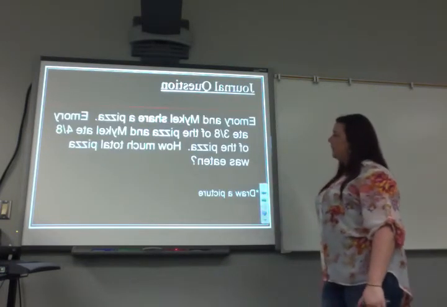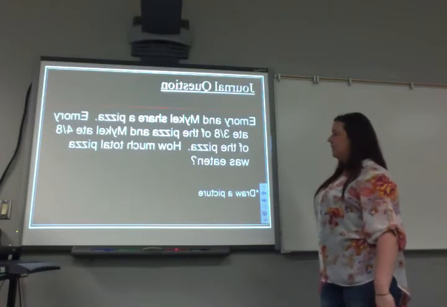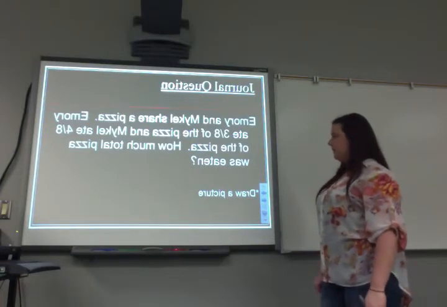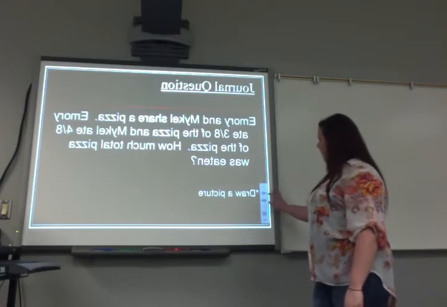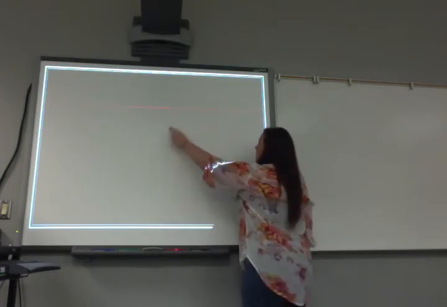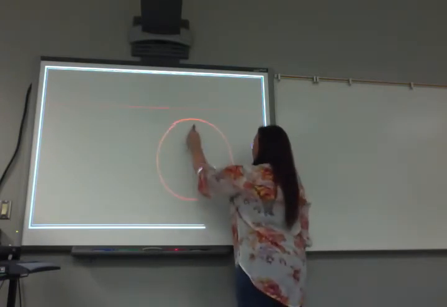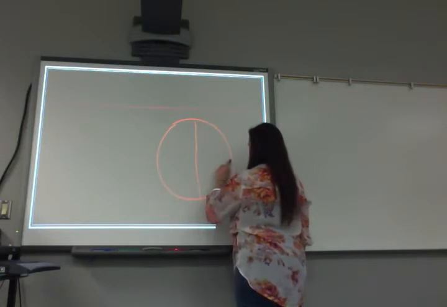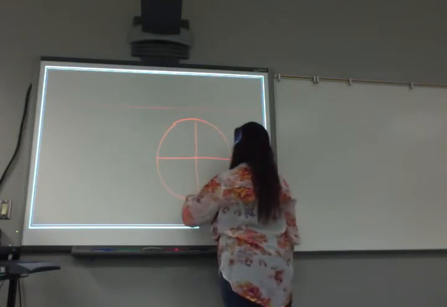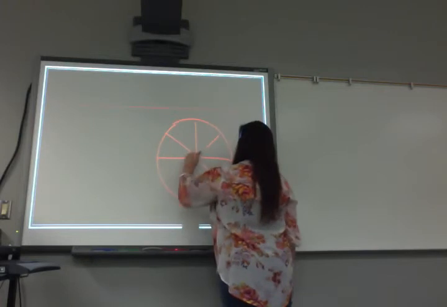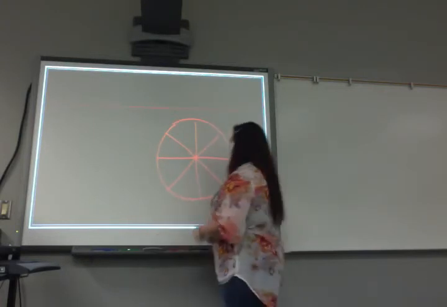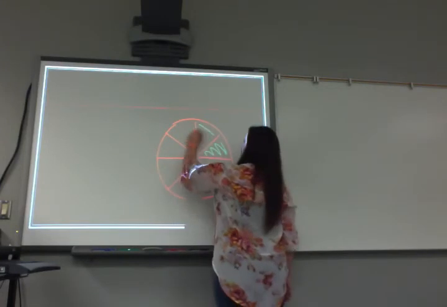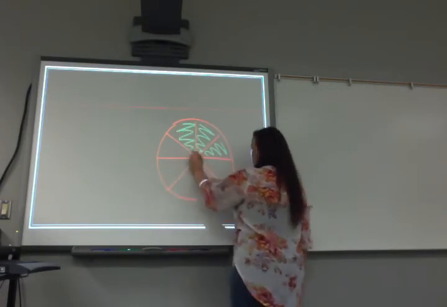Emery and Michael share a pizza. Emery ate 3/8 of the pizza, and Michael ate 4/8 of the pizza. How much total pizza was eaten? Okay, so we have 3/8 and 4/8. So this time we could draw a pizza shape and cut it into 8ths. 3/8, so all those are gone.